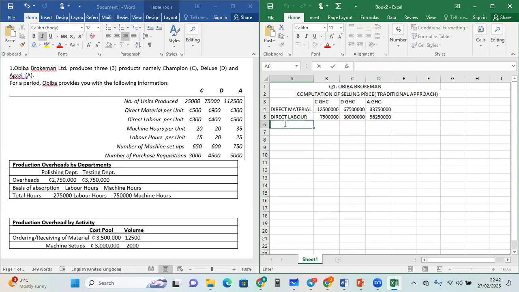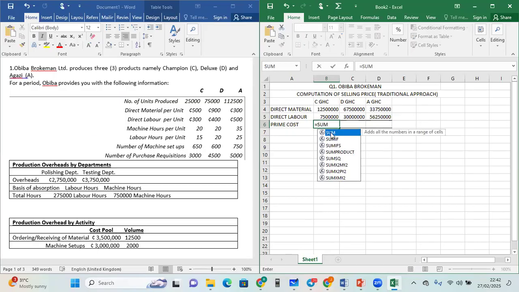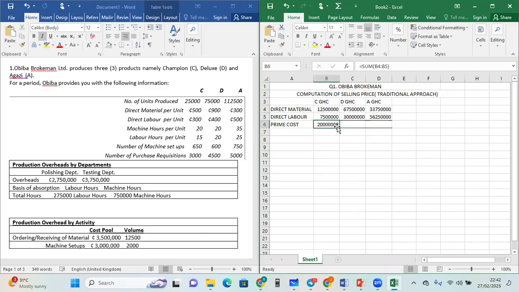Now we are going to get the prime cost. The prime cost is basically the summation of the direct material and the direct labor. So adding them, this is the prime cost for all of them.